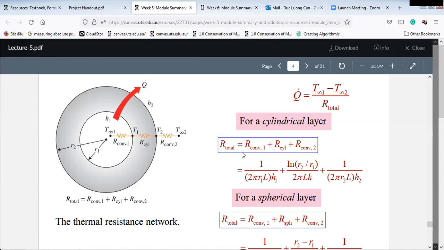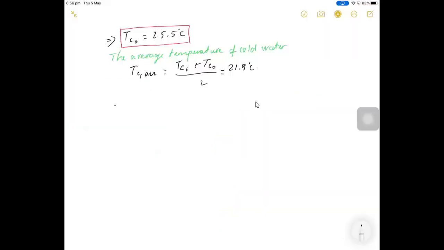In the equation of R total, if you want to find L, you have to know h1 and h2, the convection heat transfer coefficients of hot and cold water. So now we have to find them. We have hot and cold water. This one is hot water, and on the other side I have cold water.